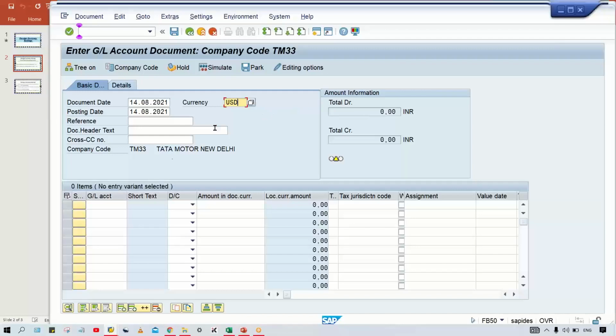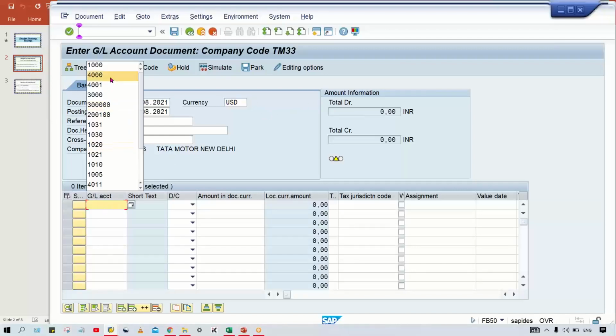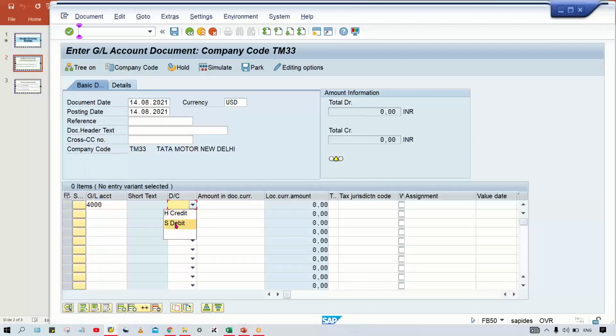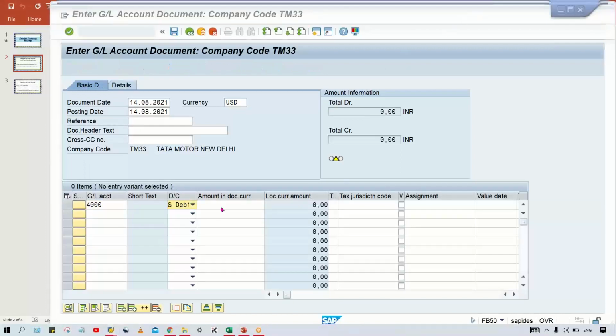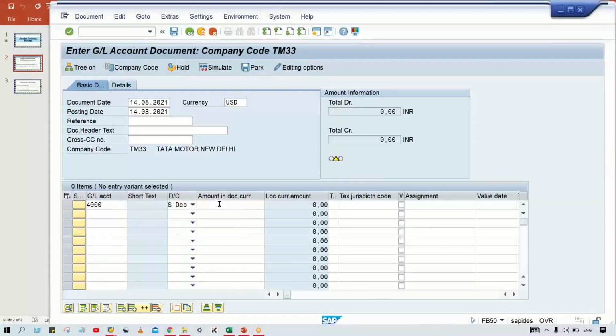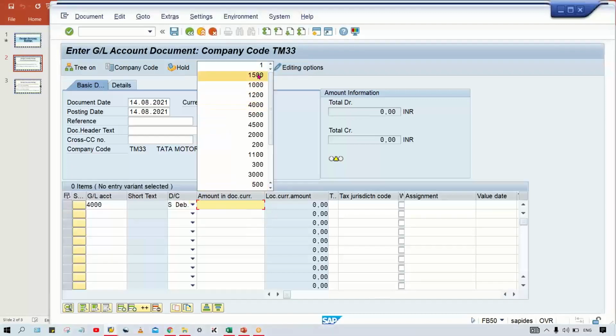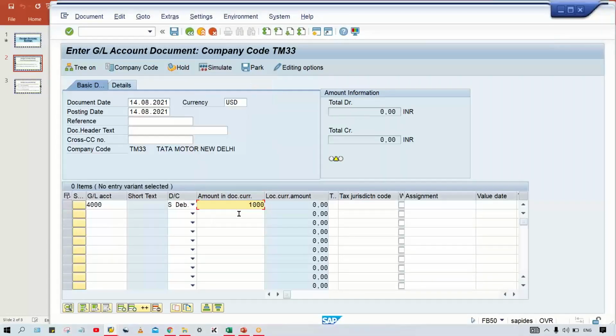Okay. Now here, once again, this real account. So once again, I have just specified $1 only, guys.